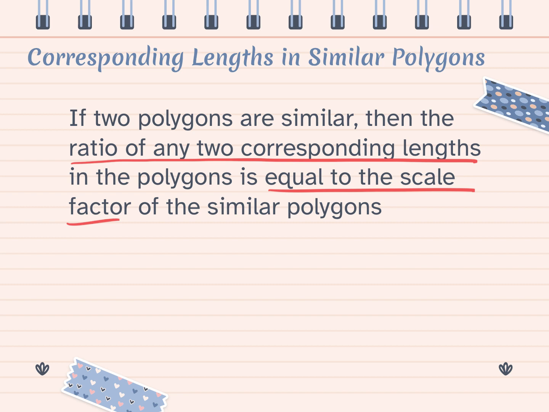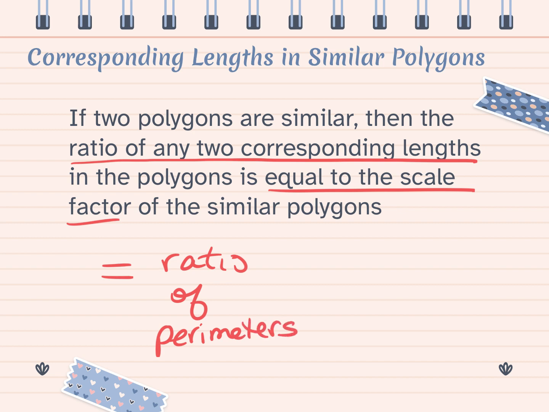And what we just saw with the perimeters, it's also equal to the ratio of the perimeters. So all three of these ratios will be the same. The scale factor, the ratio of the perimeters, and the ratio of any of two corresponding lengths in the polygon. And you would use that similarity statement to find the corresponding sides.